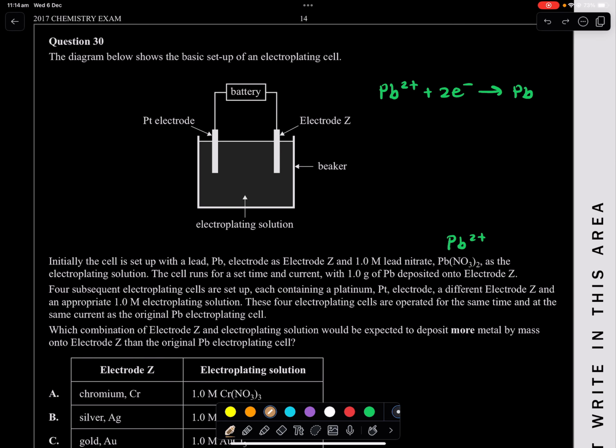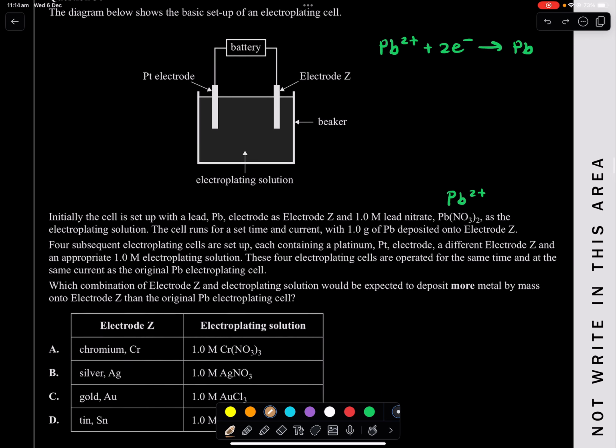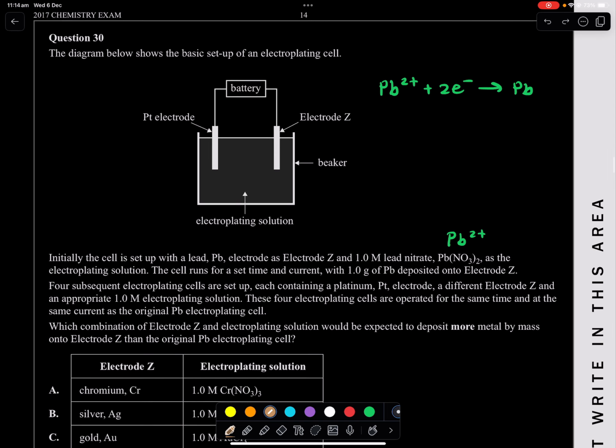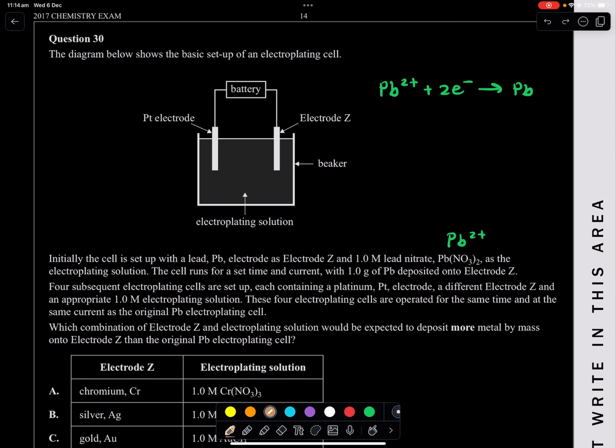So let's convert it to moles, and we want to solve for electrons. So for moles of Pb, that's going to be the mass, which in this case is 1 gram, divided by the molar mass of Pb. What is that?